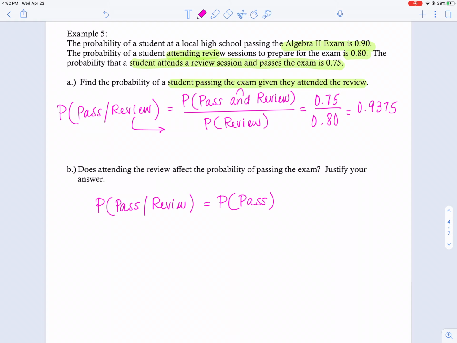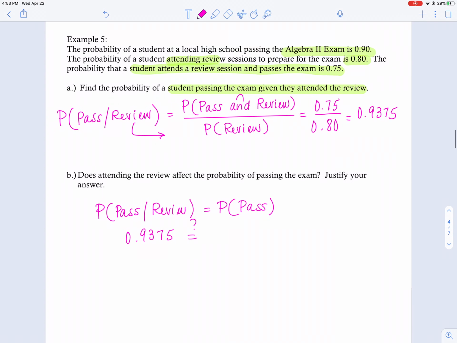They are independent of each other. The probability of passing given review was 0.9375. Is that equal to the probability that people passed? Well, what was the probability of them passing right here? 0.90. They're not equal. They don't equal each other.